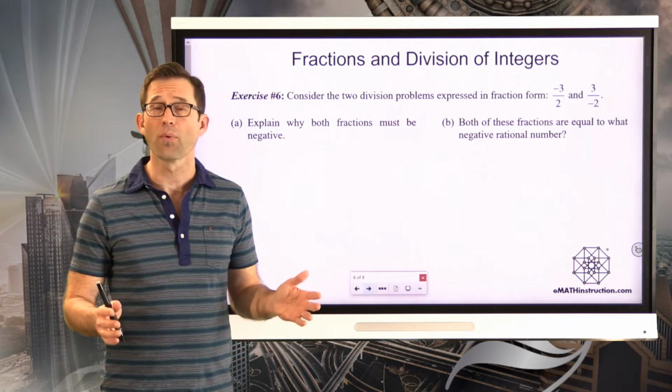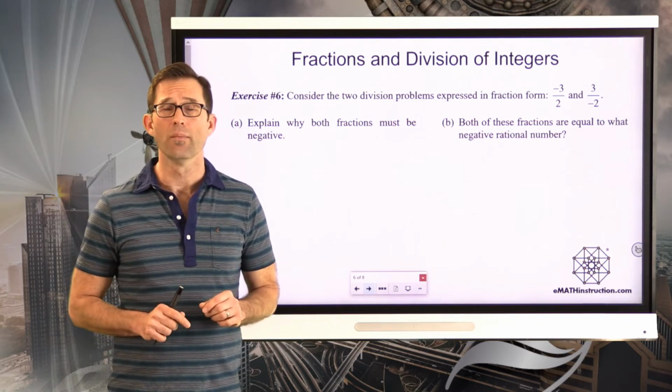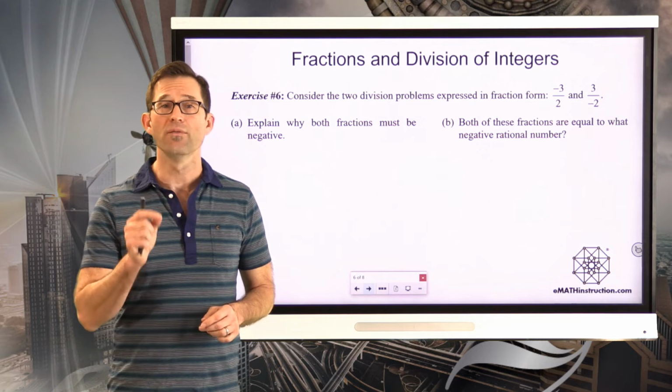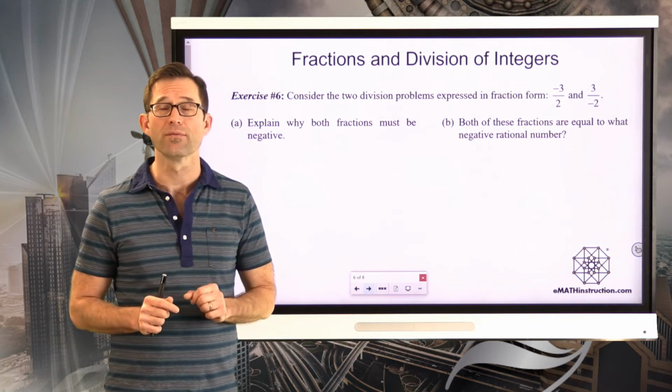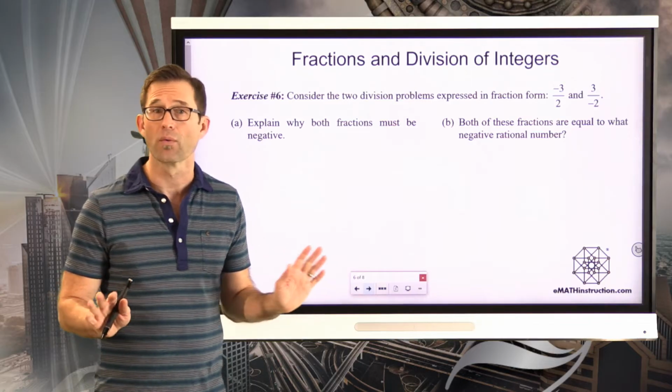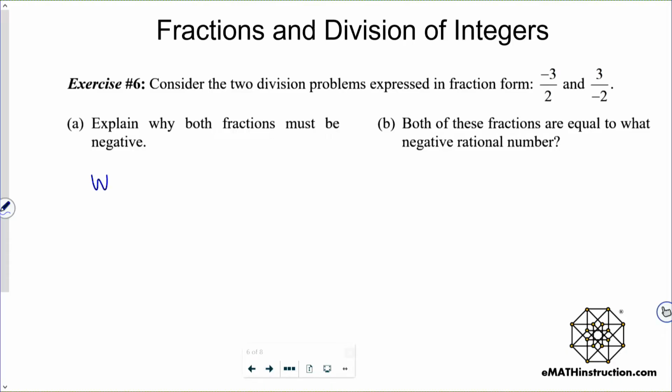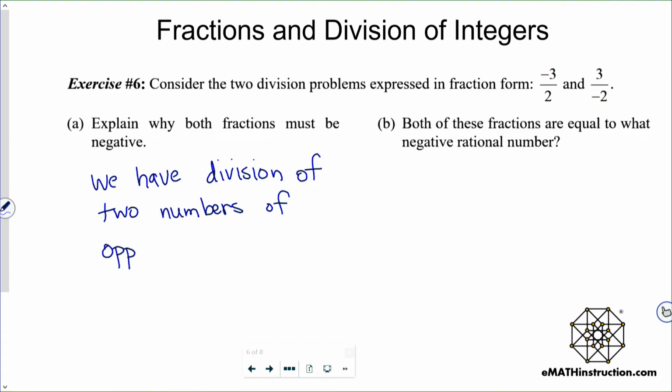All right, well, it's this simple. In both fractions, and I'll write this down in a moment, we have division of two numbers where one is positive and one is negative. That's that simple, right? It's because we have division of two numbers of opposite signs.